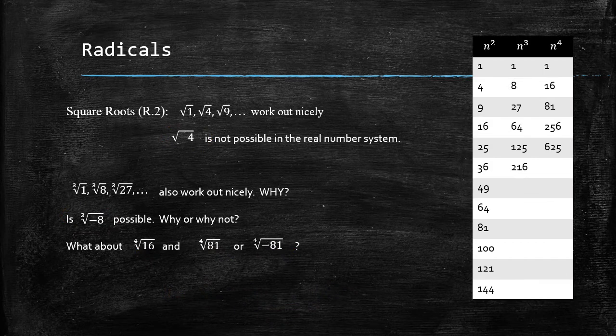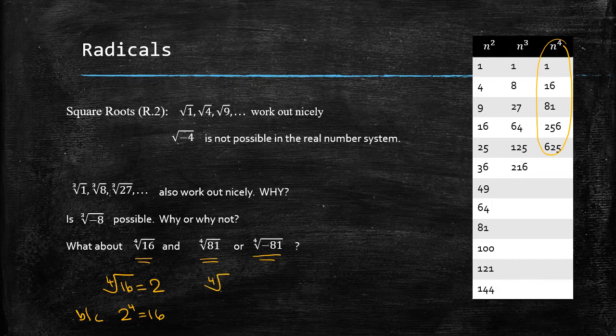All right, what about the fourth root of 16? Or the fourth root of 81, or the fourth root of -81? So we want to look now at numbers that are perfect fourth powers. Okay, so 2 to the fourth power is 16. So we know the fourth root of 16 is equal to 2, because 2 to the fourth power would get us back to 16.